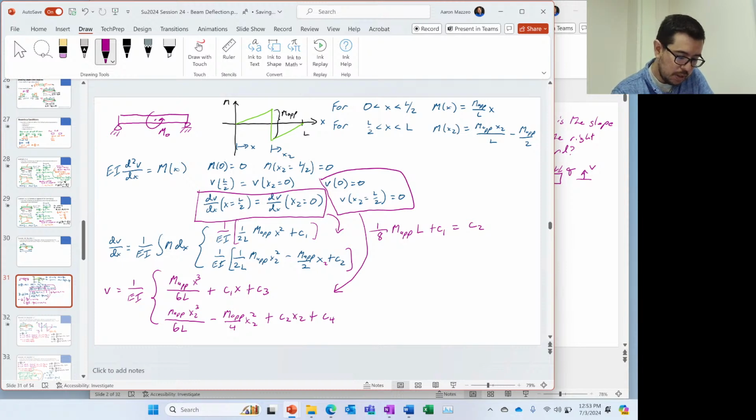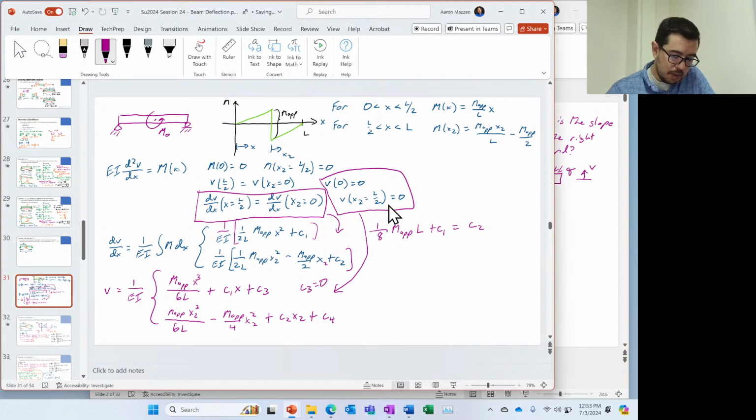Okay, so for this, we can say, all right, C3 is going to be equal to 0. Okay, we see that because we plug in, well, actually, no, we can't really, well, yeah, it is because it's times x, right? So this is C3 is equal to 0. Okay, so that's good. So that one's gone, all right?